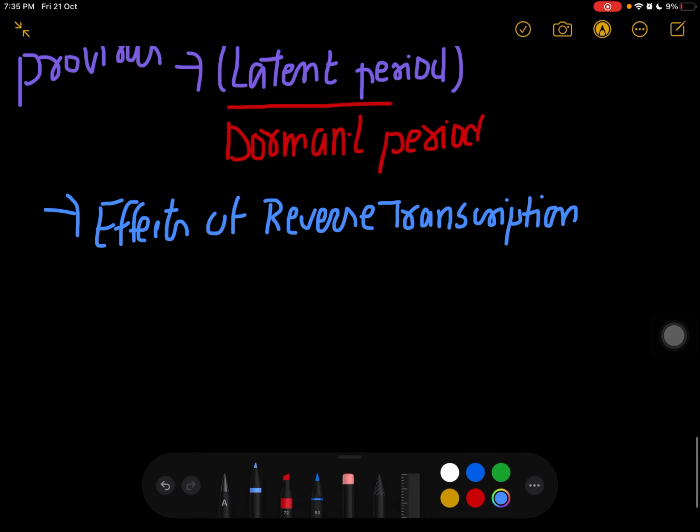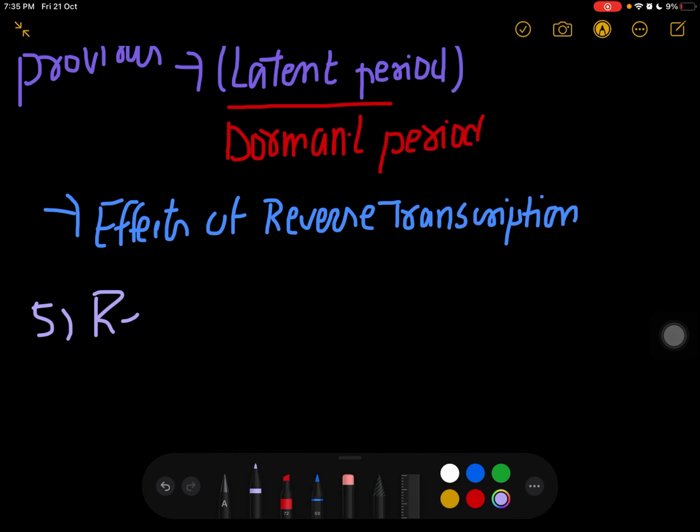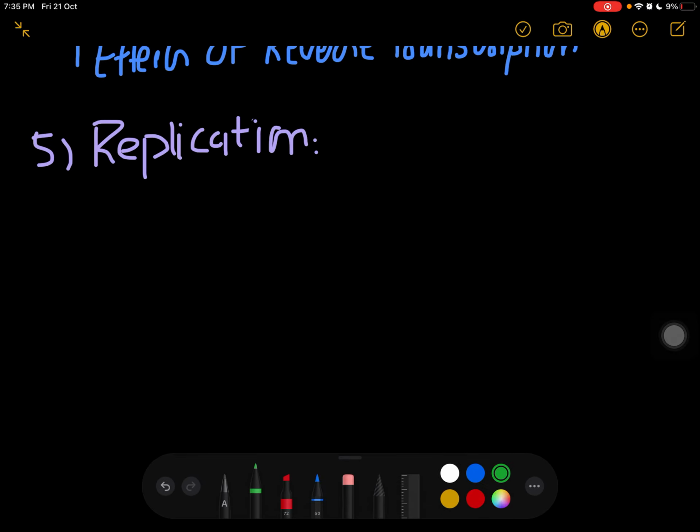Okay, now let us discuss the fifth step, which is replication, right? Now we know that double-stranded DNA like provirus has been formed, right? Now that DNA will form mRNA.